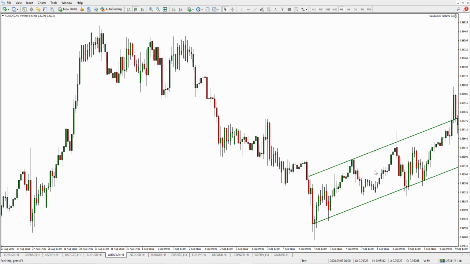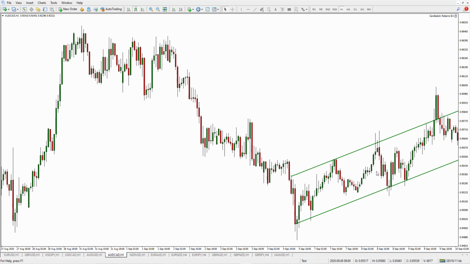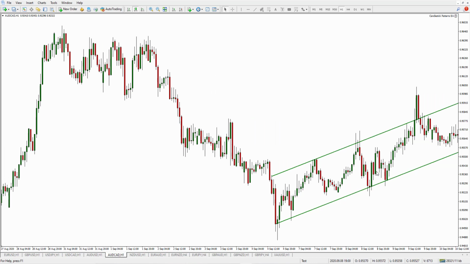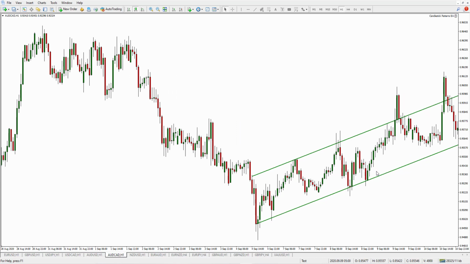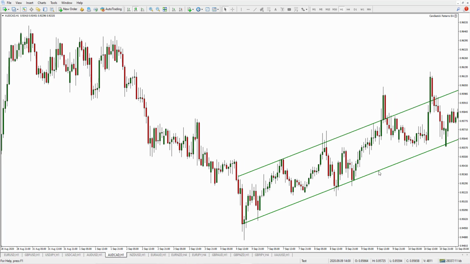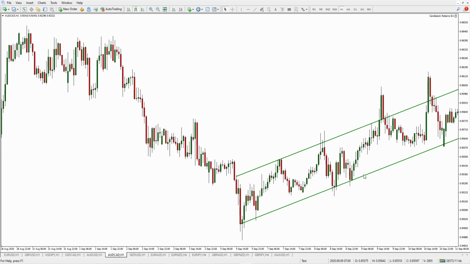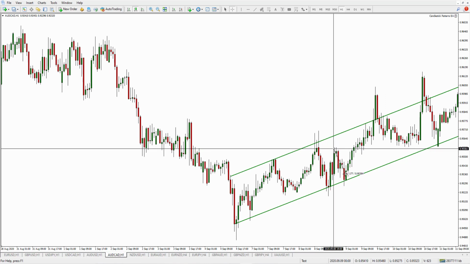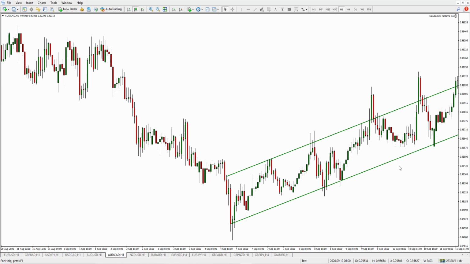Okay, now since we're looking at an uptrend, we want to be taking long entries only, which means we only want to buy. Now there's a few ways on how you can approach the market when you're trend trading, but the most basic one is to wait for price to touch the trend line, and you can either enter straight away, which is a bit more aggressive, or you can wait for a candlestick pattern formation or something to give you a signal that price will actually reverse and bounce off of the support trend line.